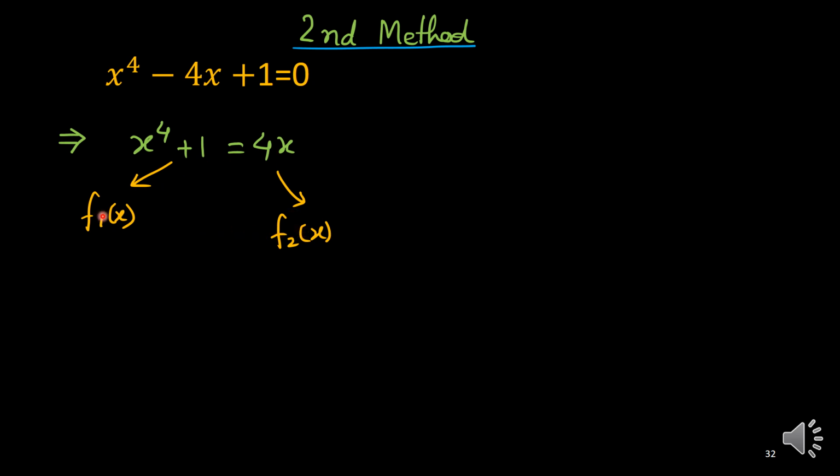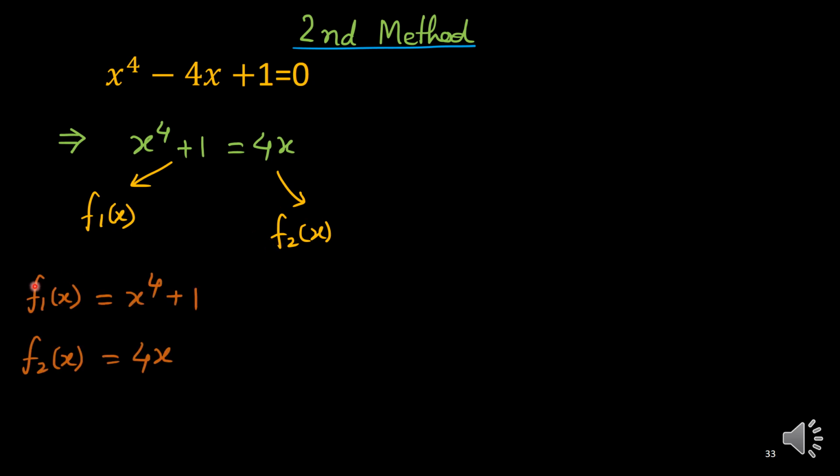And f1(x) equals f2(x). If it is true, meaning when f1(x) and f2(x) cross, then only we will get the solutions. So how many times f1(x) and f2(x) intersect each other, that is the number of solutions. Okay, that we will try to find out.